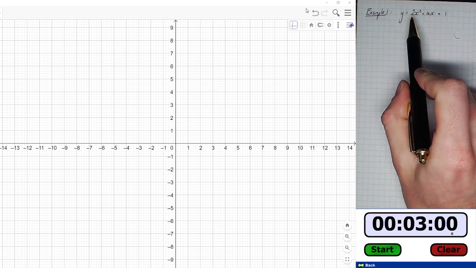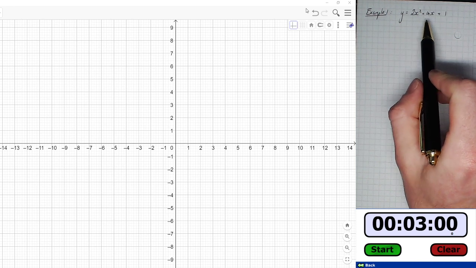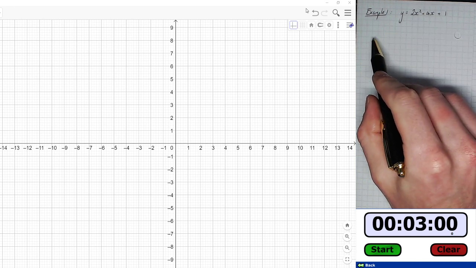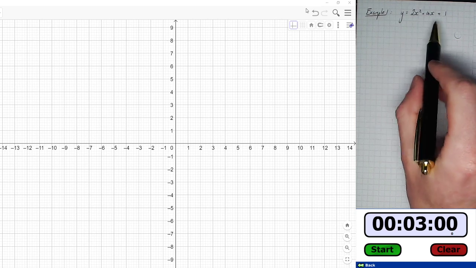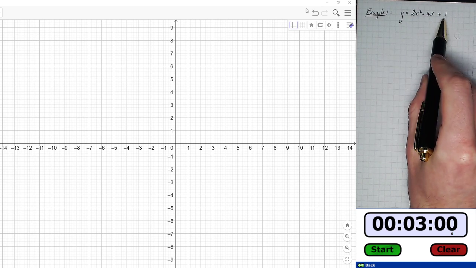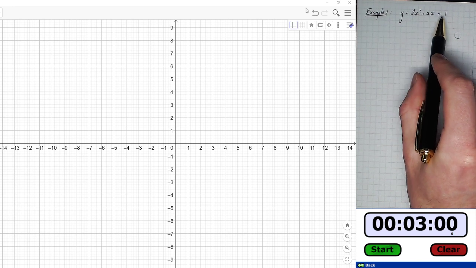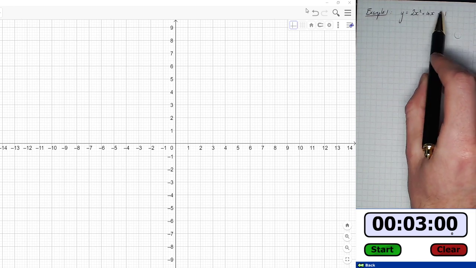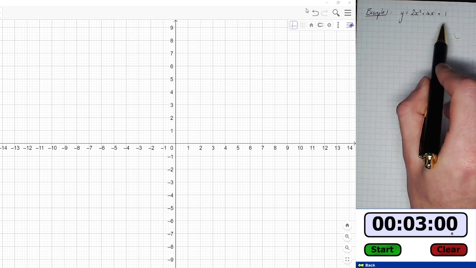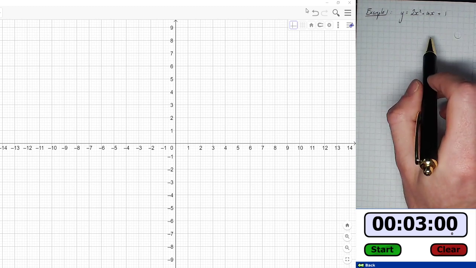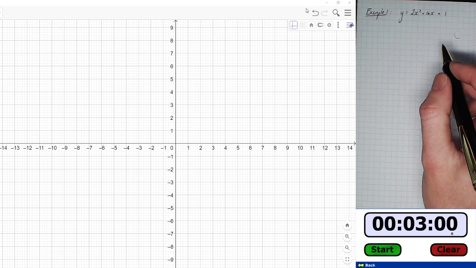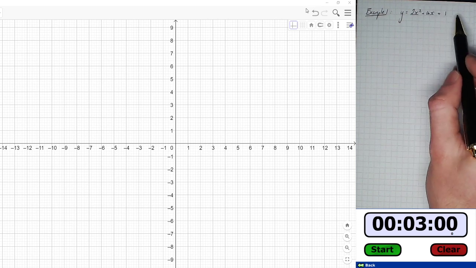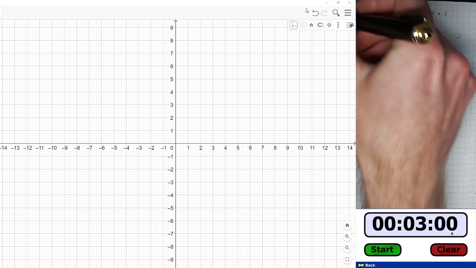But what we're going to do to start off with is we're going to look to take a factor of 2 out. And this is going to be the awkward thing, the 1. Now, we can still take a factor of 2 out. It's just that that 1 there will have to be divided by 2 in order to take a factor out. So we're actually going to end up with a fraction or a decimal at the end here. Okay? Nothing wrong about that. That's something that we're going to have to be careful about.